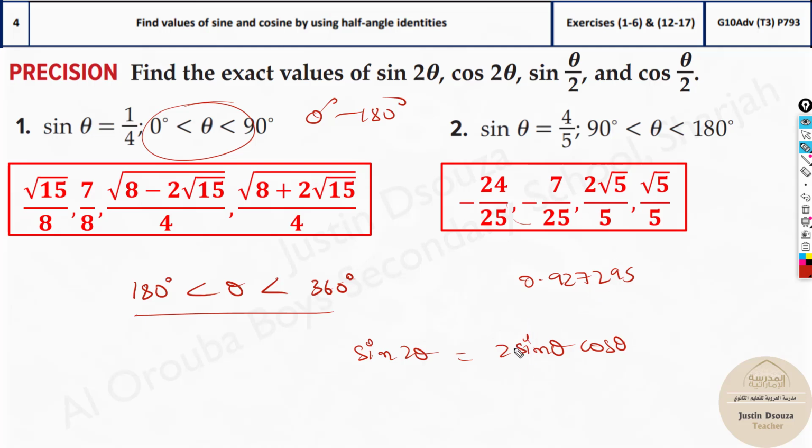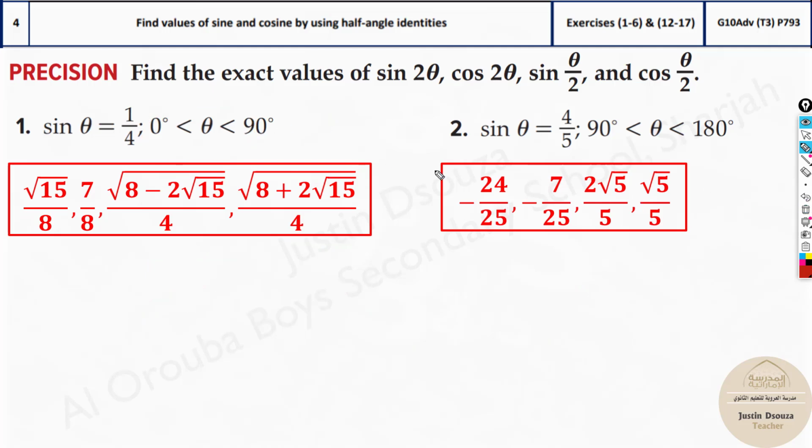But for sine, the issue is we have to go based on the quadrants, right? So when we solve this, we put the proper formulas, put the values, and then the sign matters based on the theta. Whereas for the other one, it really doesn't matter because we take cos squared theta or sine squared theta.